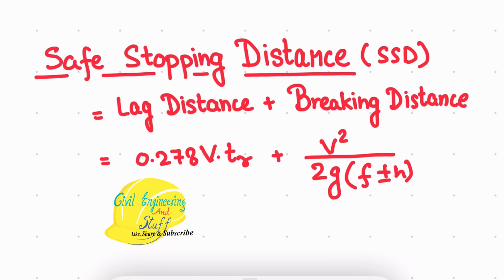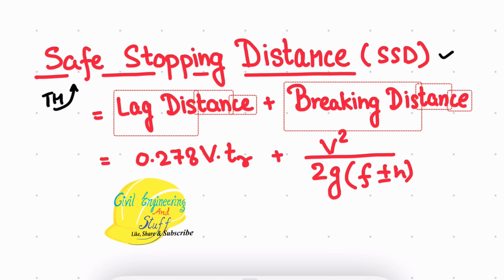And in this video lecture, we will be continuing our discussion on the topic safe stopping distance. In the previous lecture, we had discussed the theoretical concept behind the safe stopping distance, and there we had learned that the safe stopping distance is basically a combination of two parameters, that is the lag distance and the braking distance.